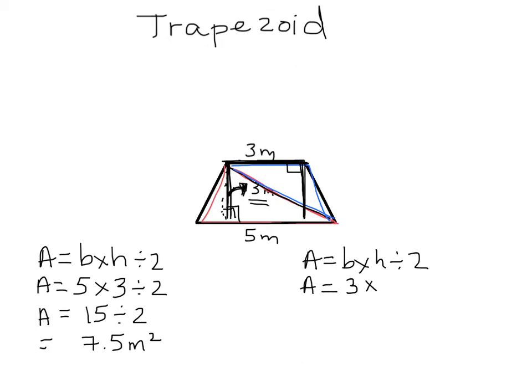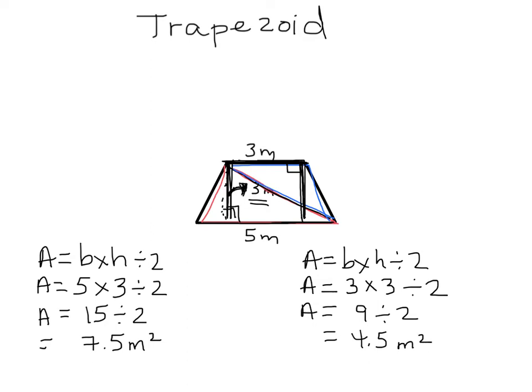And the height is going to be the same as the other height because they're both parallel and the same distance from the top line to the bottom line. But if you wanted to make sure, you could just measure it with a ruler again. You'll find that you'd get the same height. So that height is 3, and then divided by 2 equals: 3 times 3 is 9, divided by 2 equals 4 5/10 meters squared.